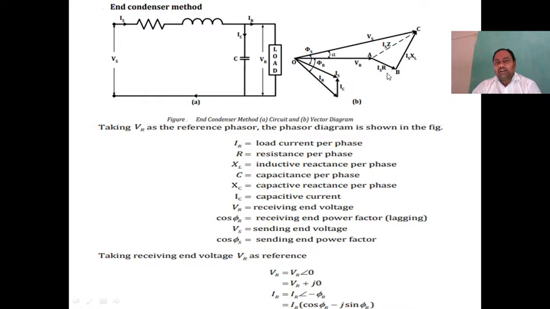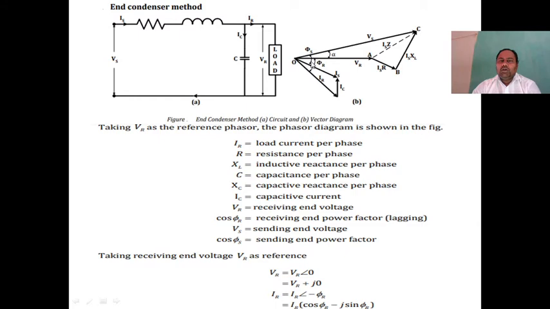The resistive drop is always parallel to the sending end current, so it is IS into R. The inductive drop is IS into XL. We will discuss this many times.